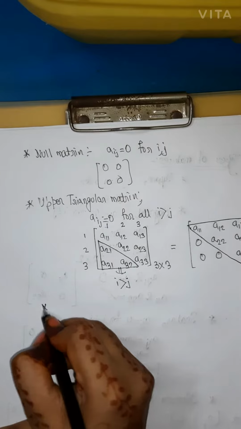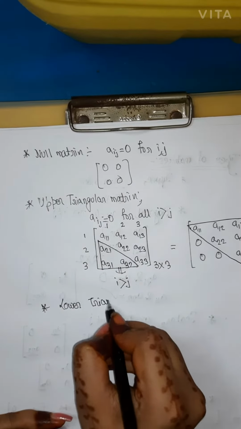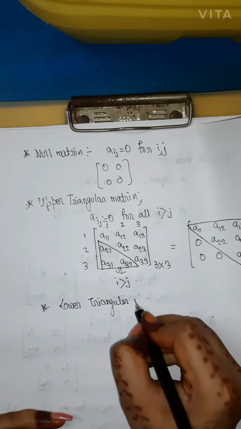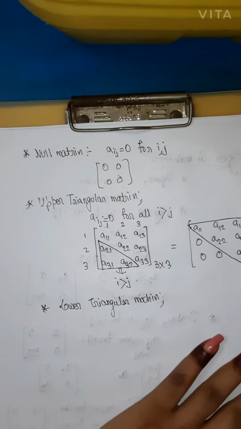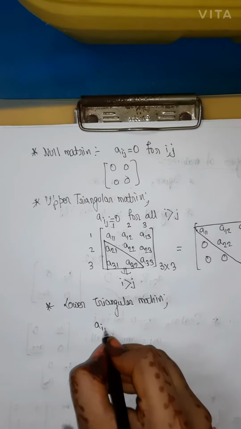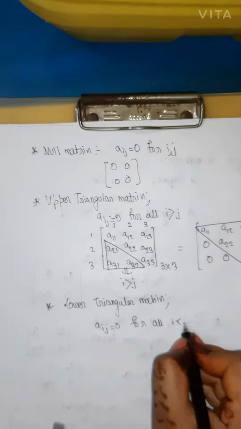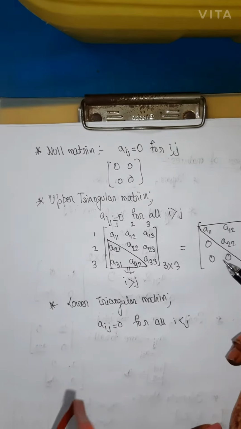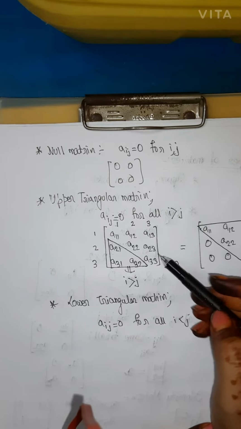So what we are left with is an upper triangle, so we name it the upper triangular matrix. Similarly, for the lower triangular matrix, Aij is equal to 0 for all i less than j. So if we see from here, what will be eliminated? For which elements do we have i less than j?